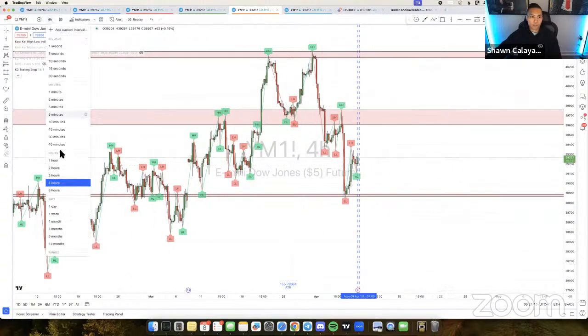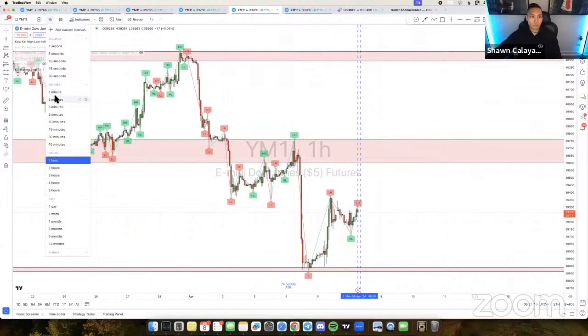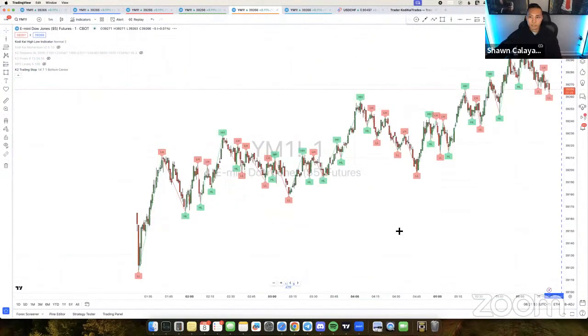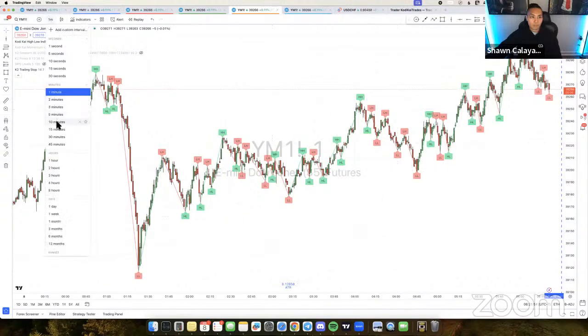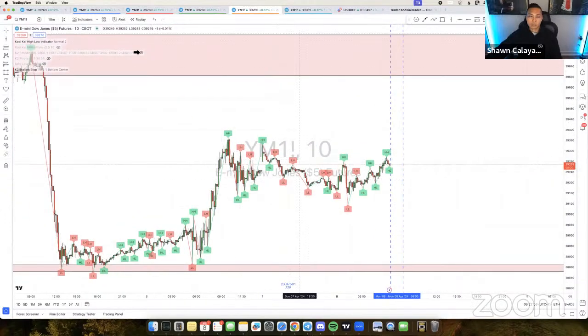Let's go down to the 1-hour, see if there's anything closer. There isn't. Okay, so with that said, I'm going to go back to the 1 minute here. Can't really see the structure from here, but let me go on the 10-minute real quick, see if I can get any closer. Okay, perfect. So with that said, I'm going to mark this up right here as the 4-hour resistance level.